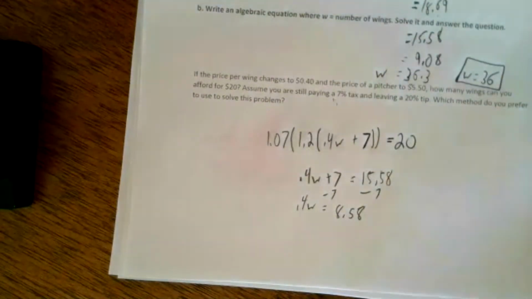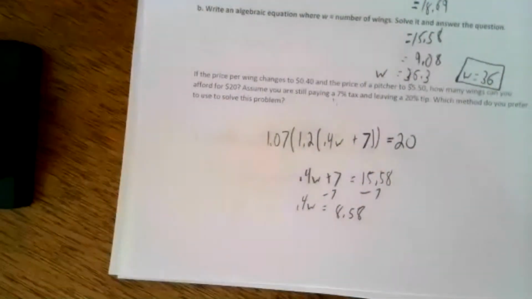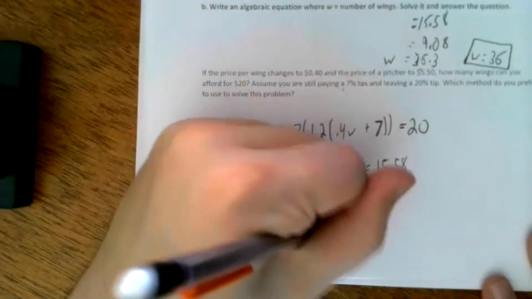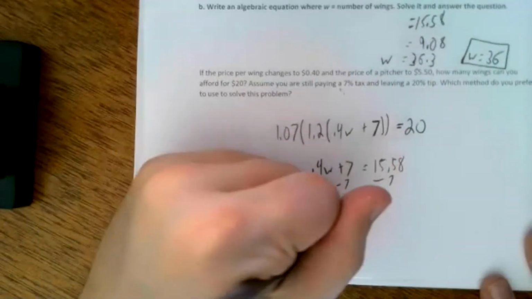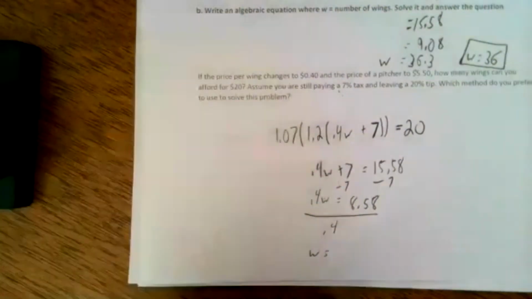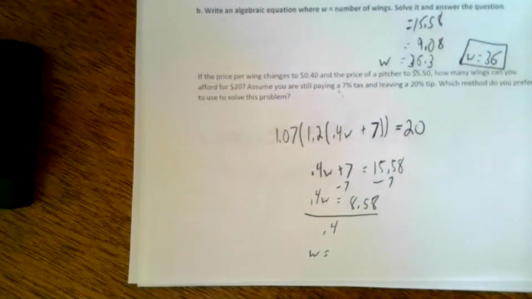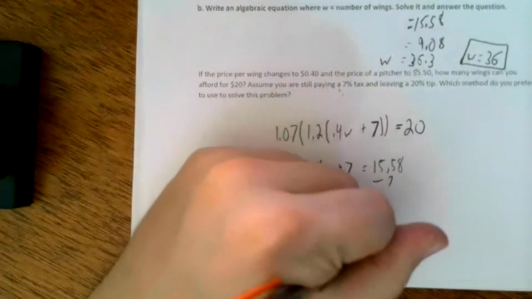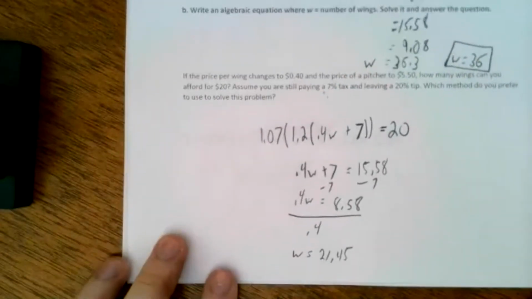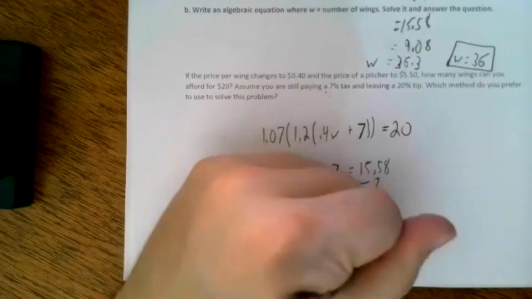Okay, and then finally, instead of dividing by 0.25, we divide by 0.4. So divide everything by 0.4. We get just W on the left. And on the right, we get 21.45, just meaning that you can buy 21 wings, right?